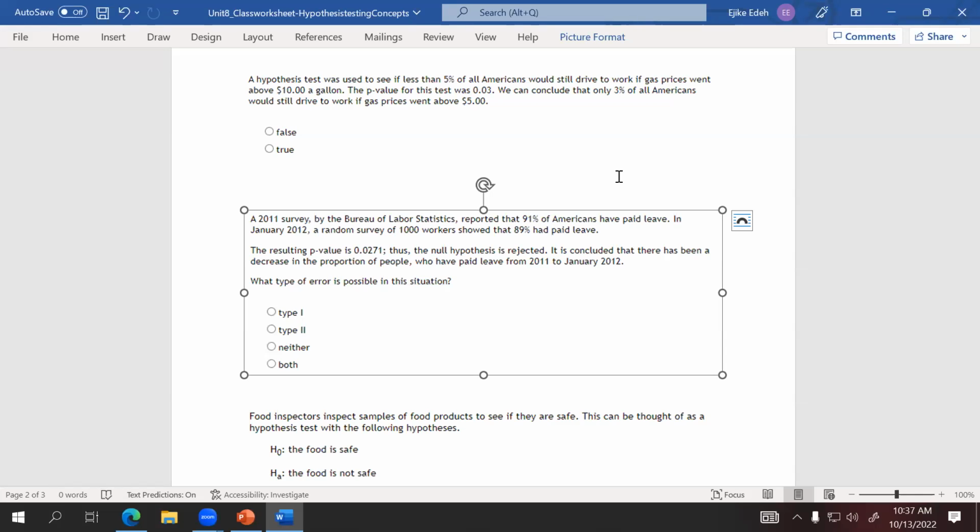Okay, to help with your answer, let's analyze the question just very briefly. So let's try to read through and pick up what it's trying to say, right? The Bureau of Labor Statistics reported that 91% of Americans have paid leave in their job. To verify this claim, normally you do a survey, ask workers, do you have a paid leave?